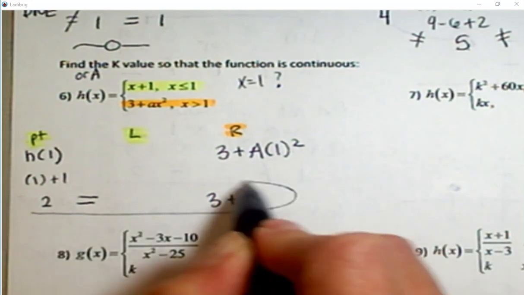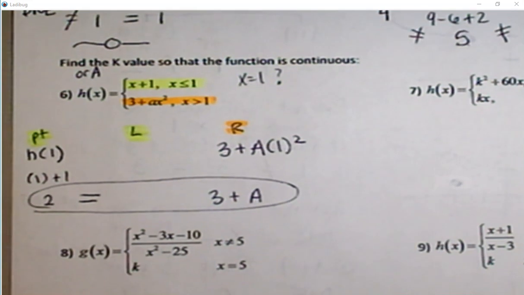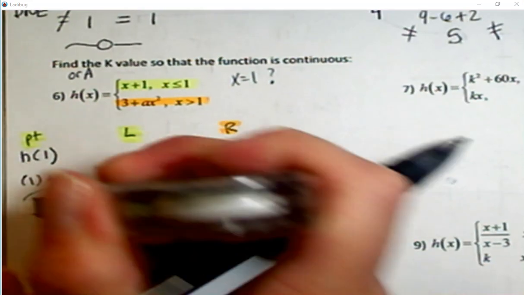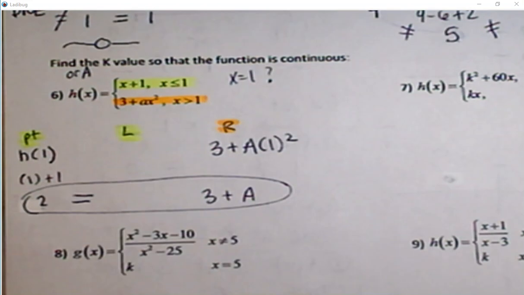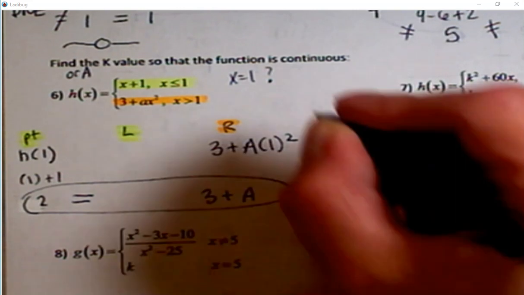And I'm just going to circle that because that's the equation that I'm comparing. Those two things have to be equal if the function is continuous. So A is negative 1, because subtract 3 from both sides.